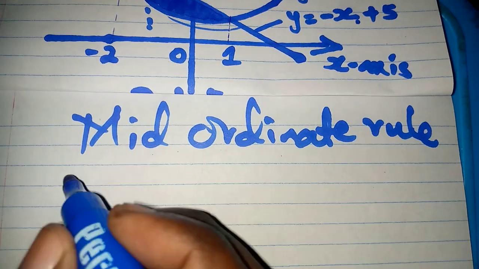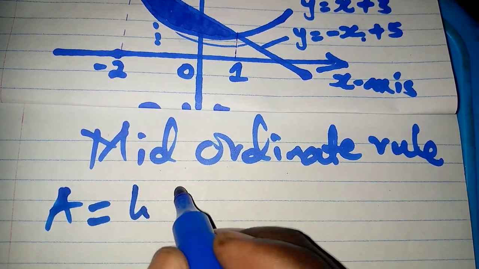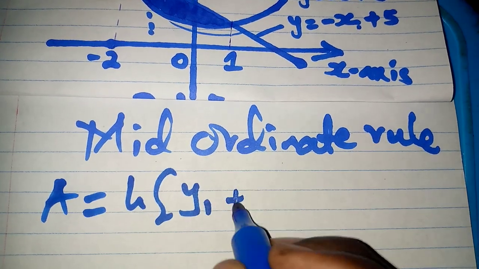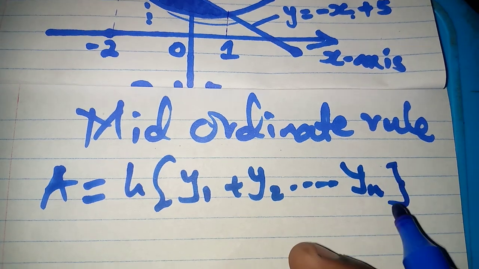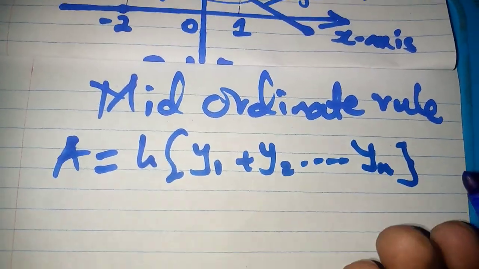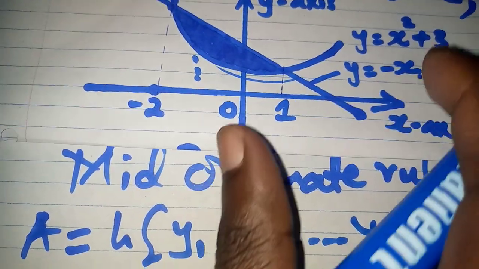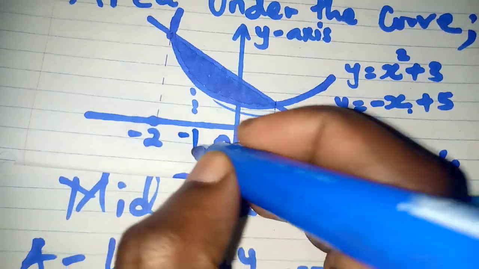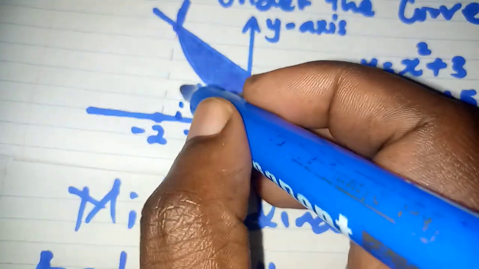So my mid-ordinate rule, we should be told that the area is given by h, and then I add all the mid-ordinates all the way up to the last mid-ordinate. So for my diagram here, for now I'm not gonna use the ordinates, but the middle values.